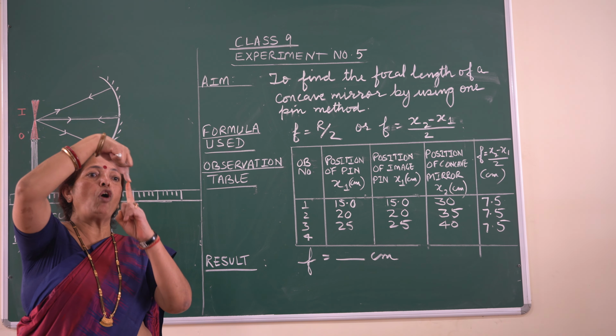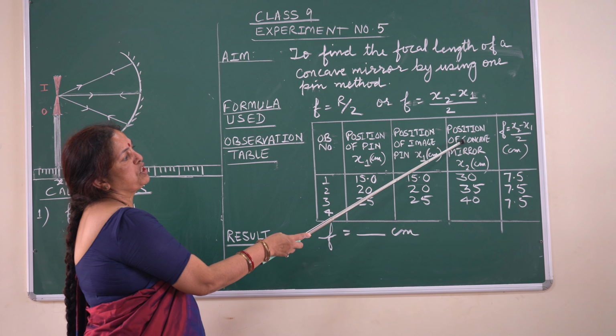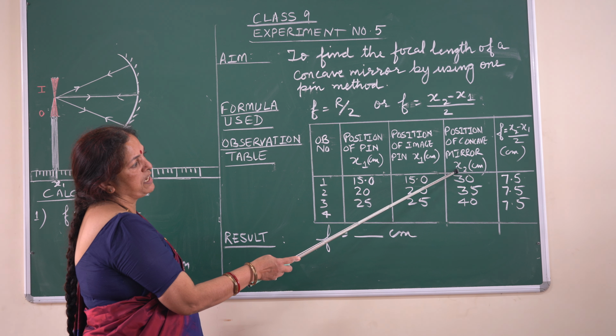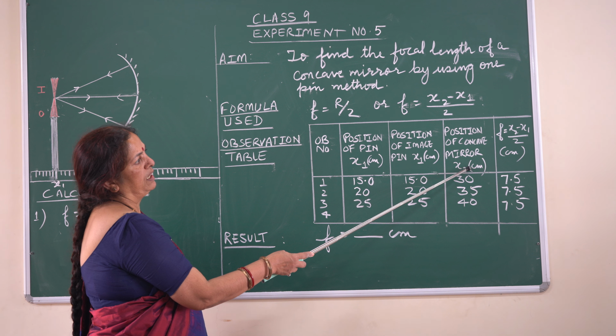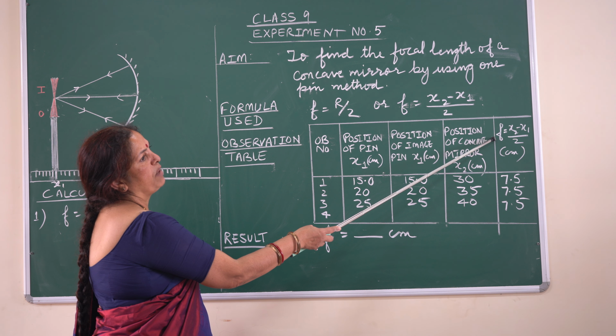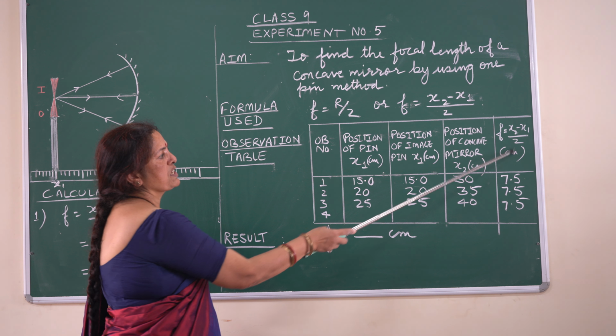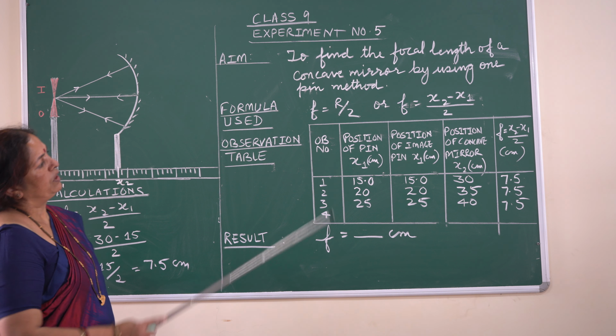So the position of the object pin and the image pin both will remain the same. Then the position of the concave mirror, indicated by x2 in centimeter, and the focal length will be calculated by using the formula (x2 minus x1) divided by 2.